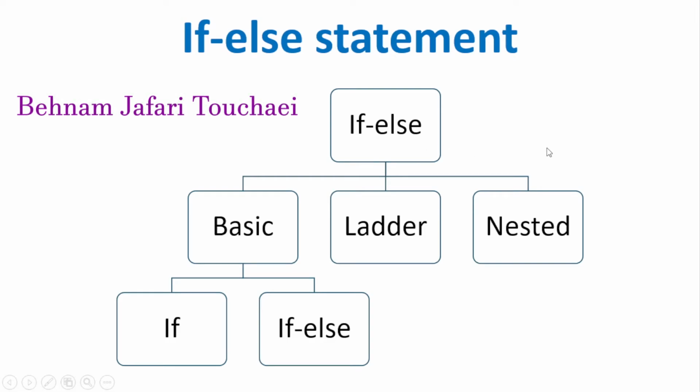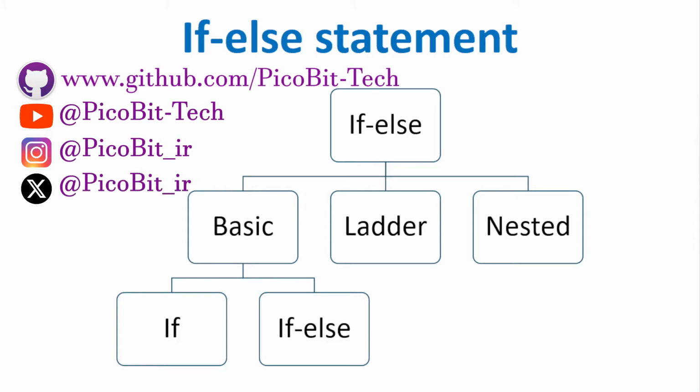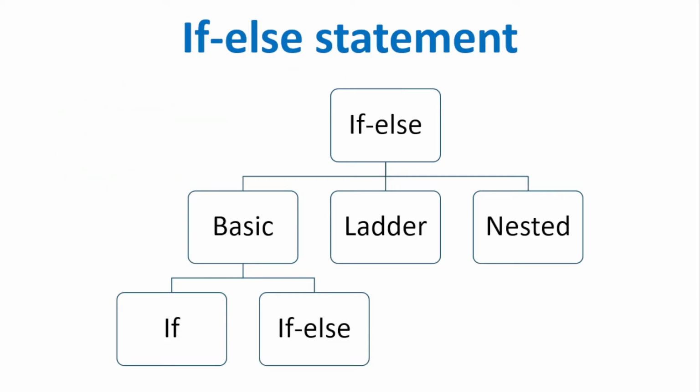If-else statement. One of the most fundamental and widely used control structures in C programming, especially in embedded systems, is the if statement. When your C program reads an if, it evaluates the condition written inside the parentheses. If the condition is true, the program executes the block of code that follows.